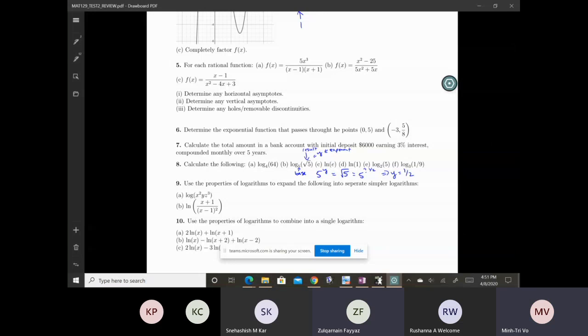Okay. It'd be the same thing with any number. If you have the square root of 7, that's 7 to the 1/2 power. The square root of 8 would be 8 to the 1/2 power.